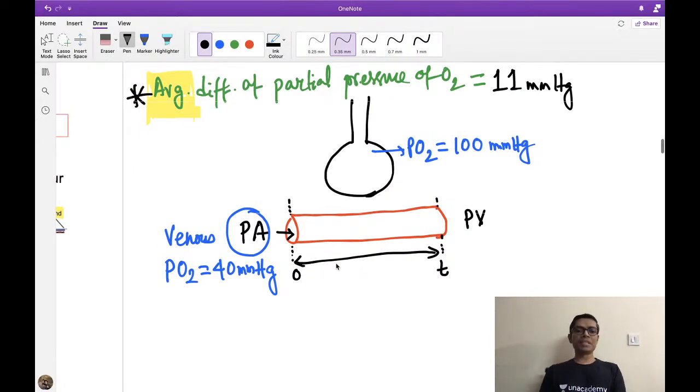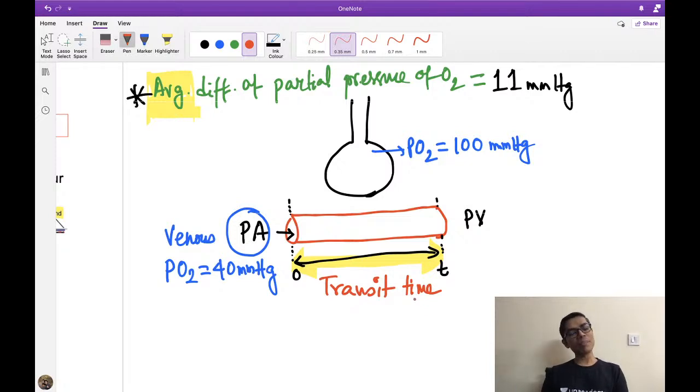Now, second, I am discussing the time which is taken by this blood to cross this pulmonary capillary. This is known as the transit time at the level of the pulmonary capillary.